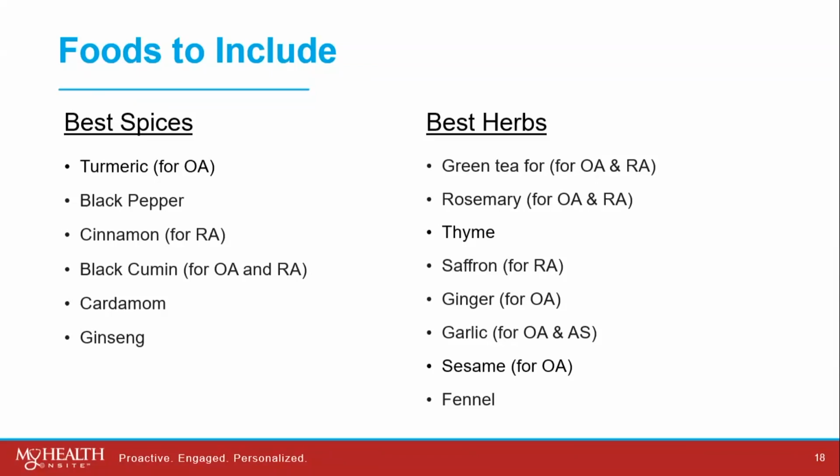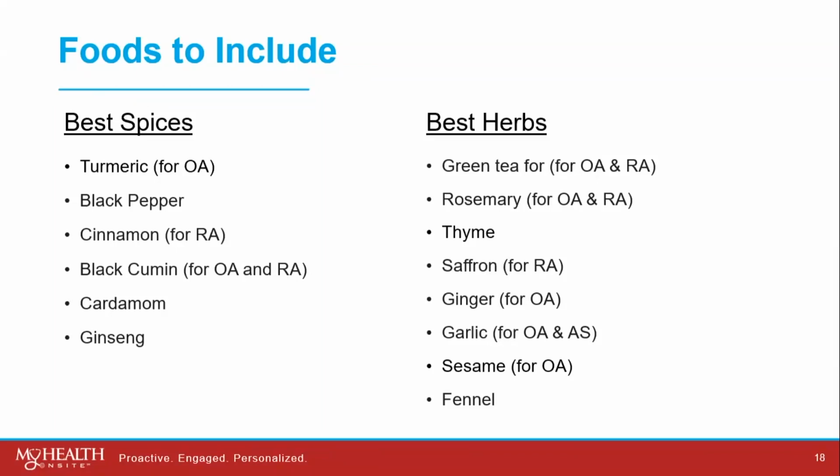Cardamom appears to increase antioxidant status and decrease markers of inflammation in the body. Ginseng and its active compounds called ginsenosides appear to reduce the inflammatory markers, specifically interleukin 6 and TNF alpha, which is the tumor necrosis factor alpha. And then moving on to our herbs, which some of these can be known as spices or used as spices too, but they technically fall in the herb category.